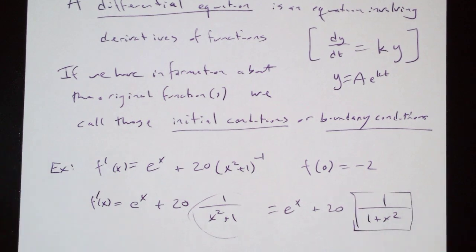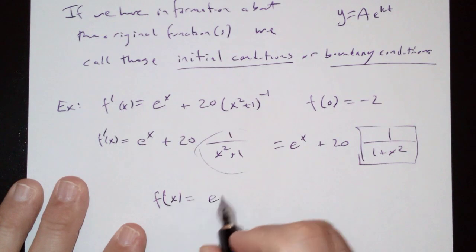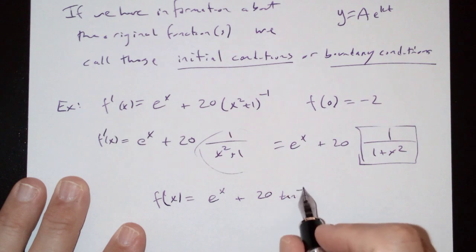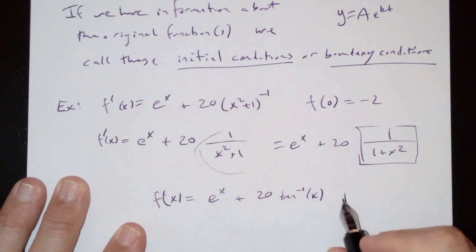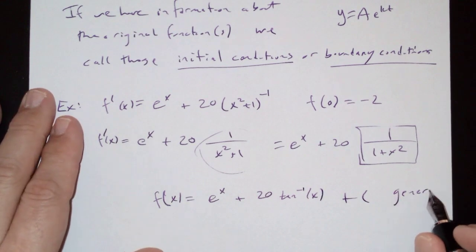I know that. What's the antiderivative of that thing? The inverse tangent. So f of x is e to the x plus 20 tangent inverse of x plus c. This is my general antiderivative.